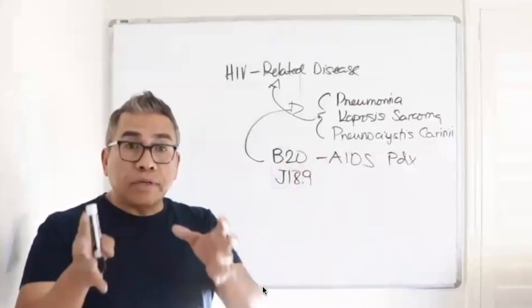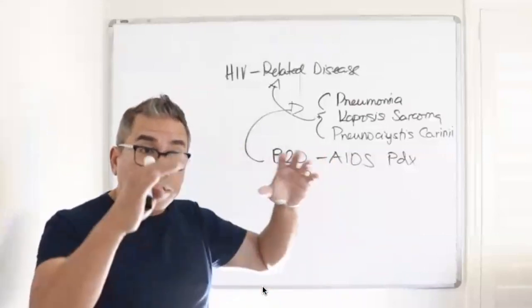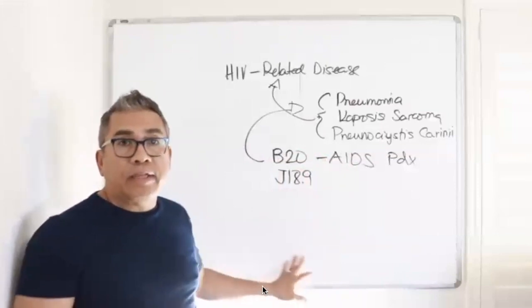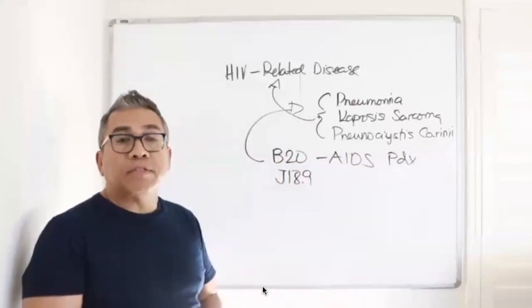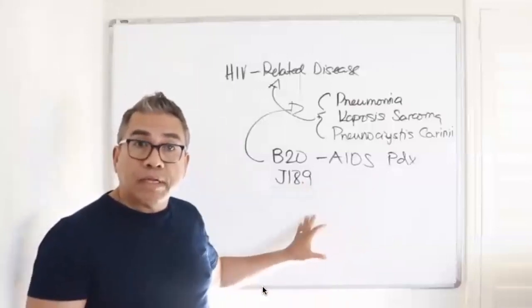Insurance companies, payers, look at how you organize your codes. If you're saying the patient has pneumonia and AIDS is somewhere out there, not even your primary diagnosis, that means the reason the patient was admitted to the hospital is pneumonia.